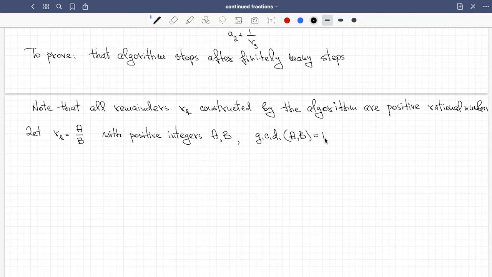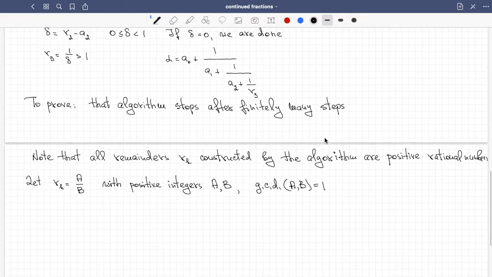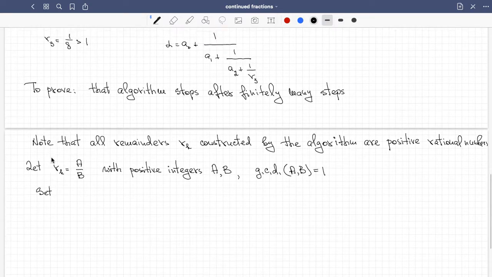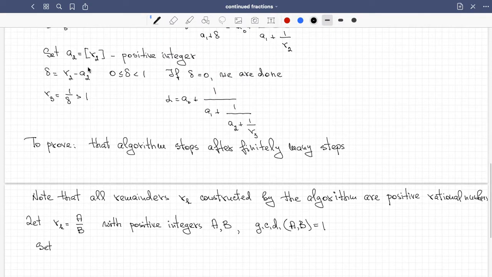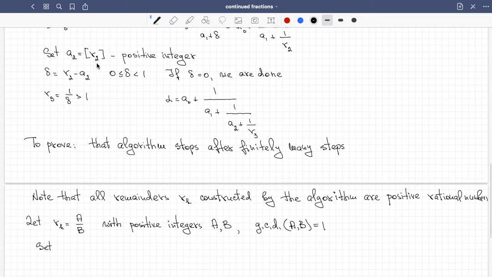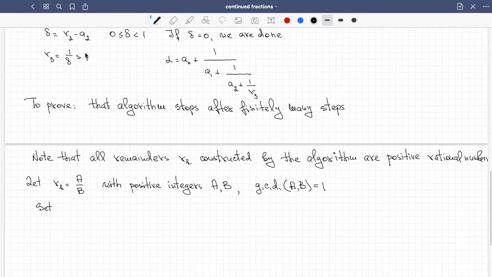What do we do on every step? We set our next member of continued fraction to be the integral part of remainder.